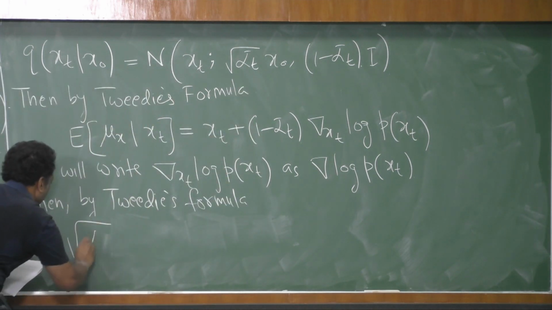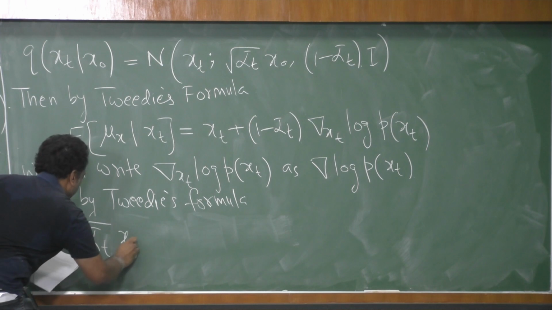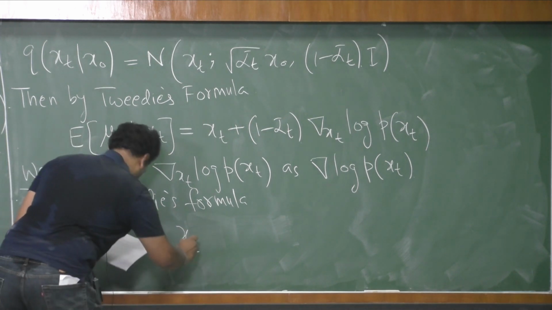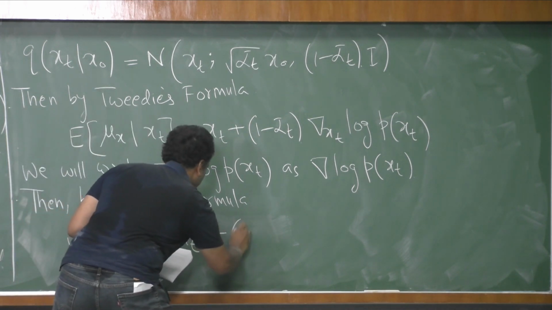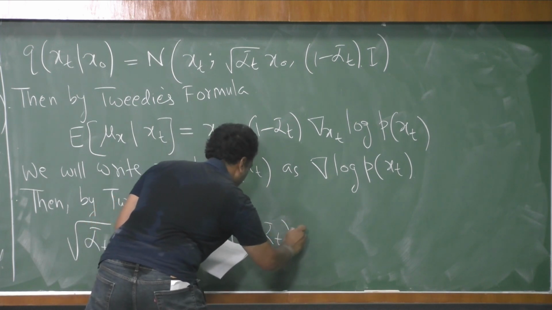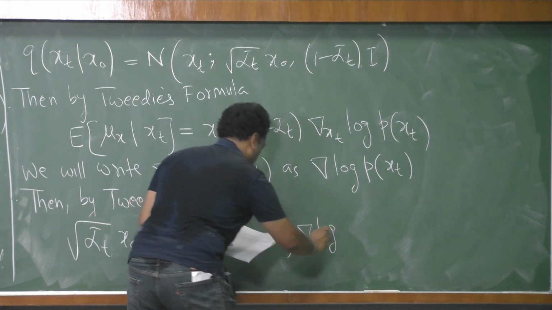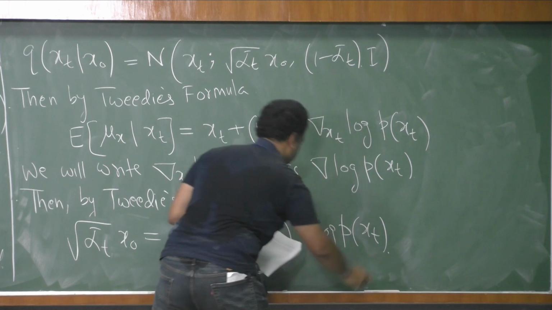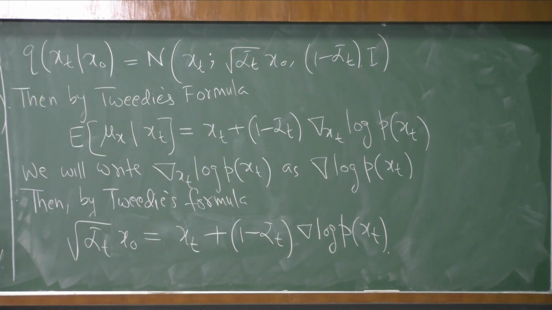So square root of alpha bar t x naught must match what is given by Tweedie, which is 1 minus alpha bar t grad log of p xt. And from here we will solve for x naught, and this gives us another view of how x naught looks. As you can see, we are looking into various formulations of x naught, and from there we predict what the predictions could be.